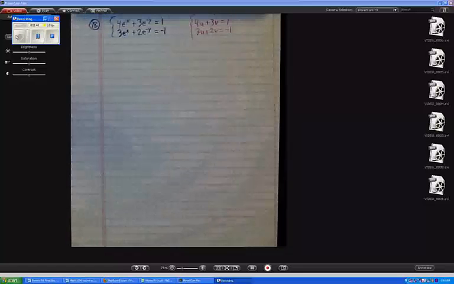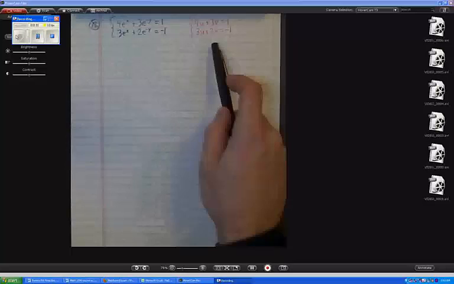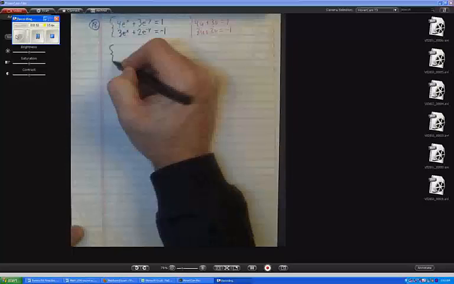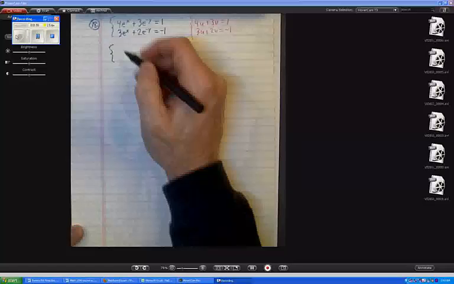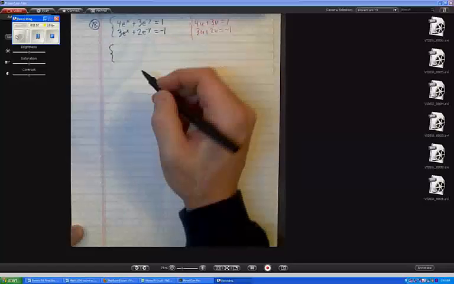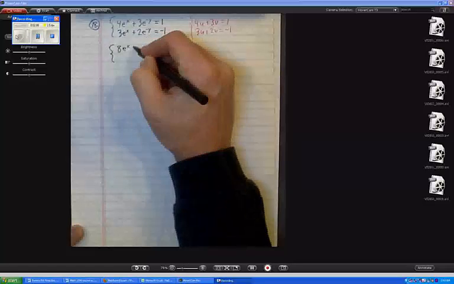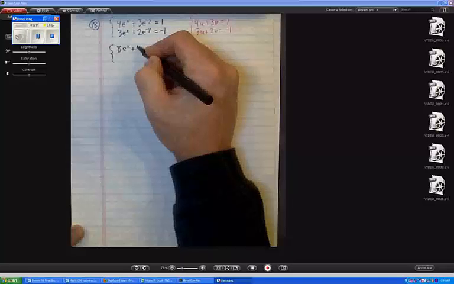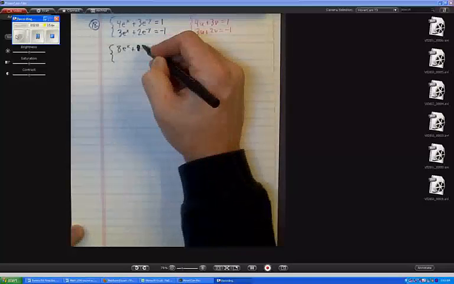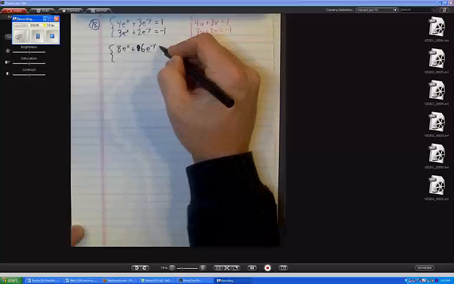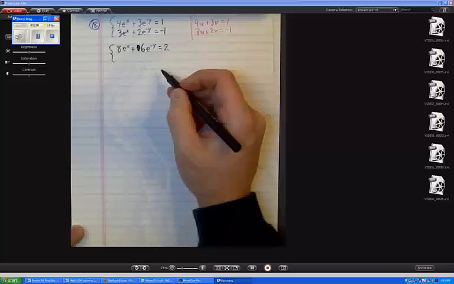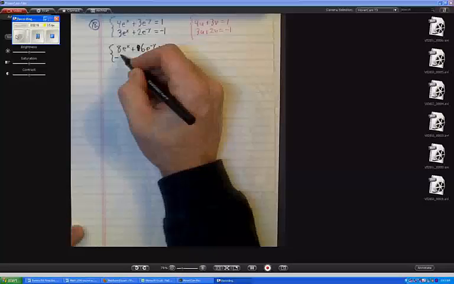I guess if it were me, I wouldn't even write the pink. I would just kind of do something like this. I might multiply the top one by 2. 8e to the x plus 4, 3 times 2 is 6e to the negative y equals 2. And maybe I'd multiply the bottom one by negative 3.